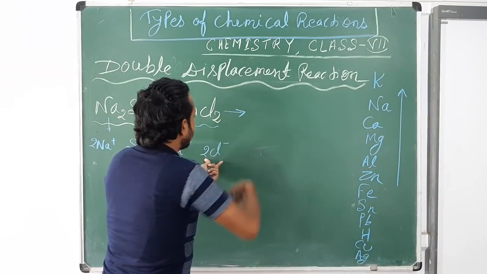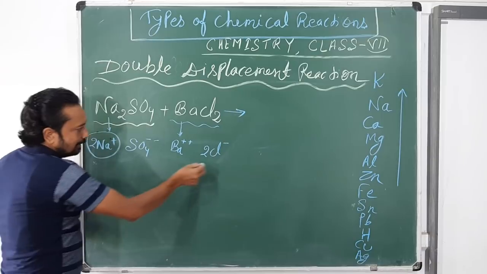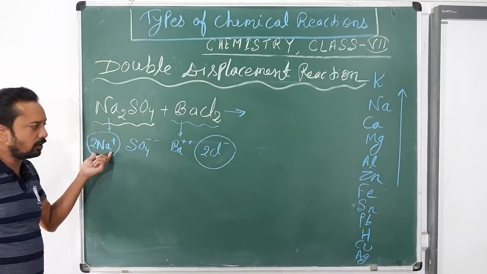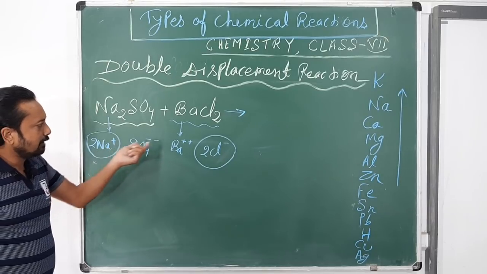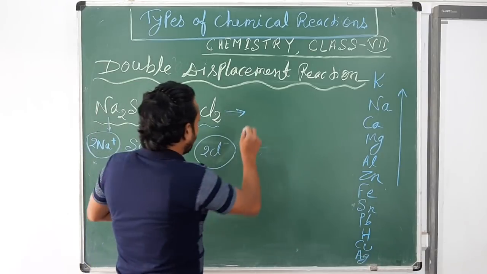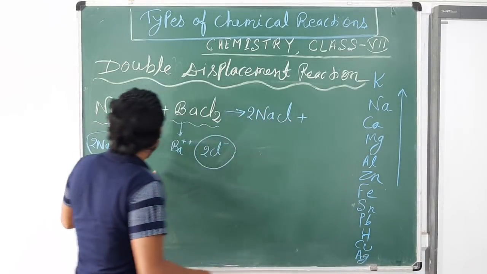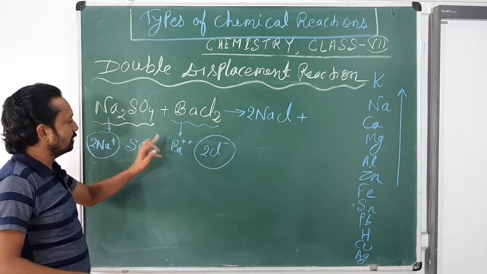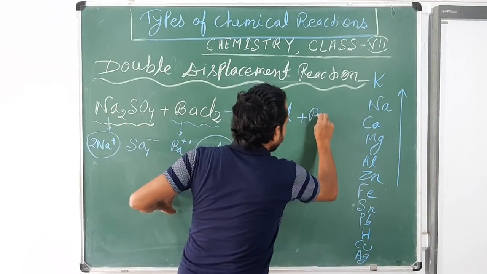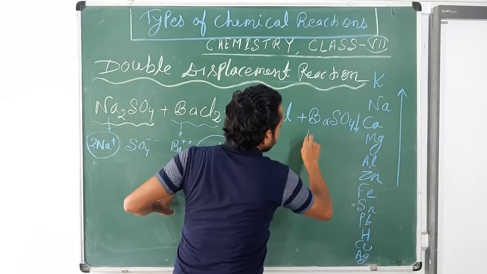So after the reaction, this will be prepared like 2Na+ and this 2Cl-. It means the positive radical of the first salt links with the negative radical of the second salt. So it will form 2NaCl, and also the negative of the first salt and the positive of the second salt form BaSO4, barium sulfate, a white PPT.